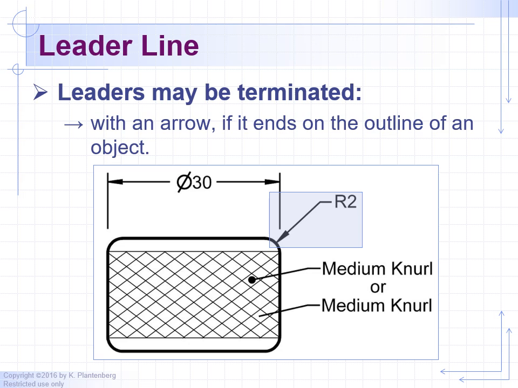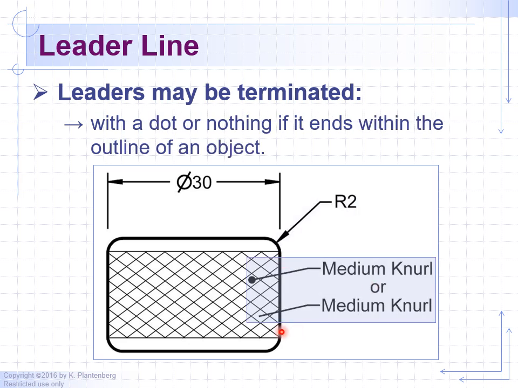So in terms of the termination where the leader line ends, if it's actually touching a feature, which is usually on the outline of the object, it's going to end with an arrow, right? That arrowhead may point to, say, the side of a circle, or in this case, the side of a radius of 2.